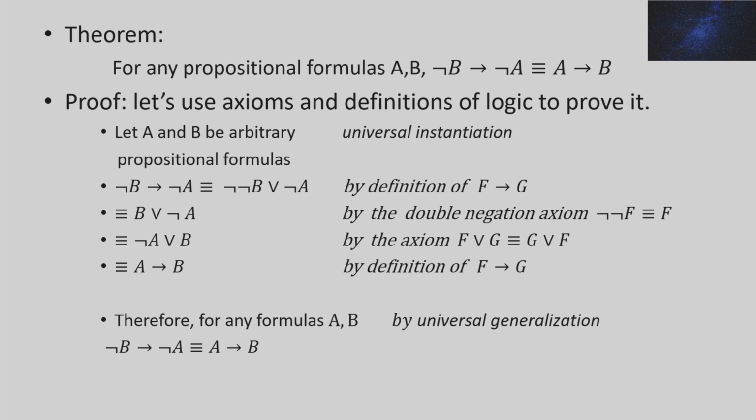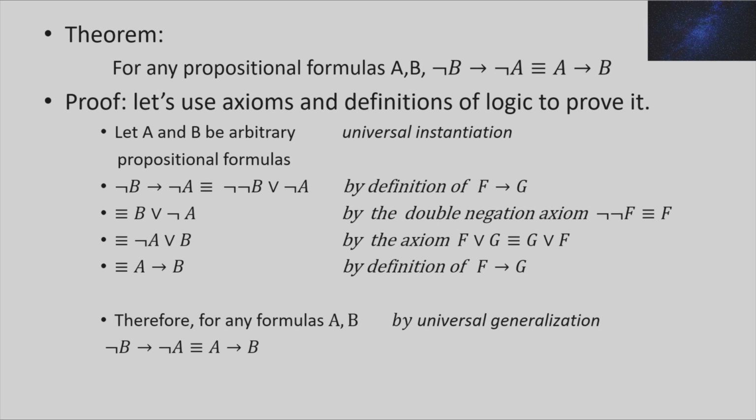But here we are trying to prove the same thing using a more general method, something that can be applied not just to formulas where we could look at the truth table, but numbers and all sorts of other things. So our first line will be universal instantiation.